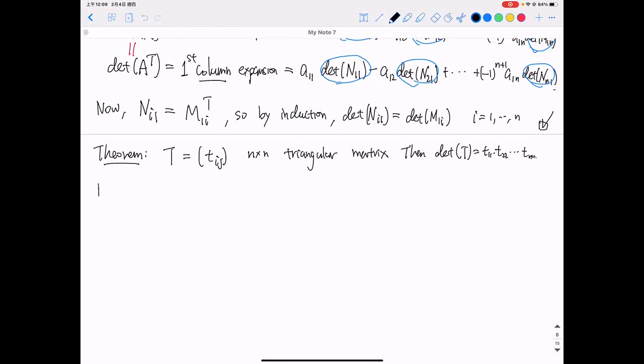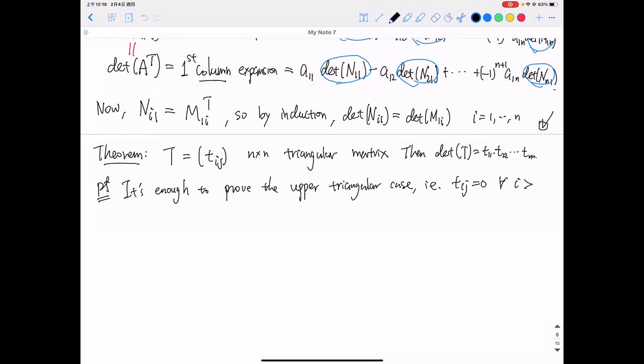And we will prove the upper triangular case, which is to say that Tij is 0 for every i bigger than j.